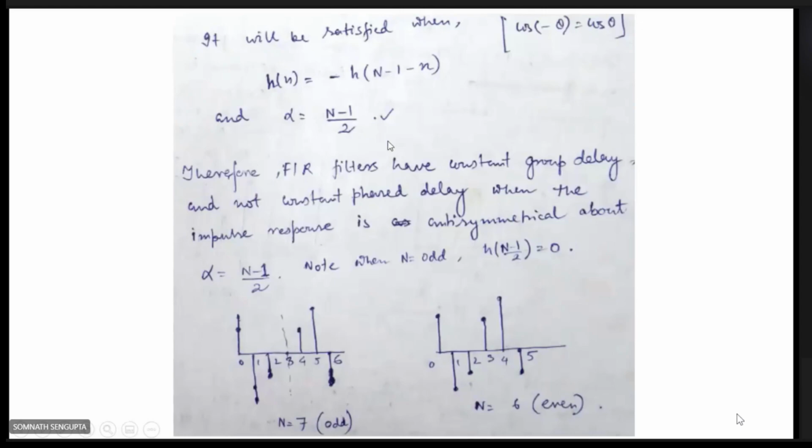(N minus 1) by 2 के रेस्पेक्ट में उसके पहले और बाद में जो भी इम्पल्स रिस्पॉन्स का वैल्यू है वो इक्वल एंड ऑपोजिट होगा और उस पॉइंट में 0 होगा सेंटर ऑफ सिमेट्री में.